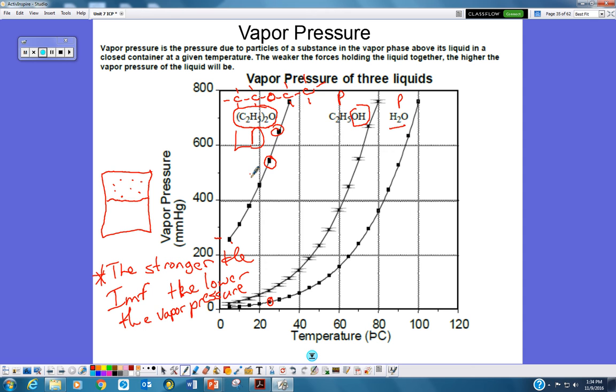So if we drop the pressure all the way down to 500 millimeters Hg, then it would start being a liquid. And that's kind of how to think of this. So this is telling us when it's a gas, at what pressure would it turn to a gas. And we'd have to keep lowering the pressure to get it to turn to a gas. So just think of it in that relationship. Yes?